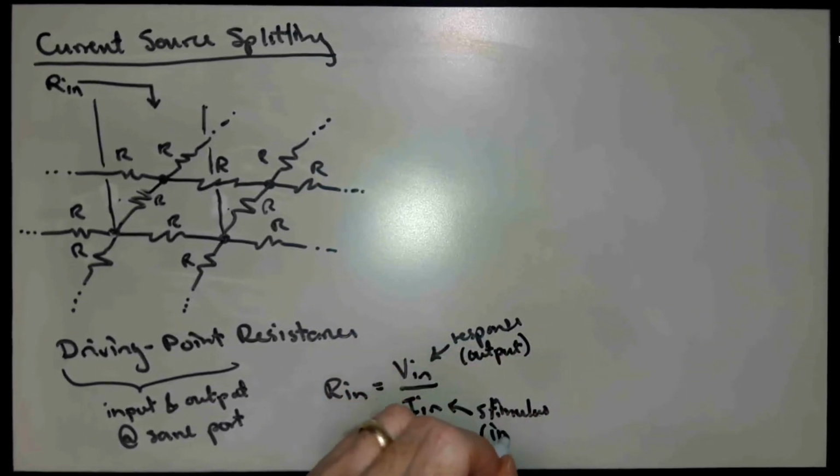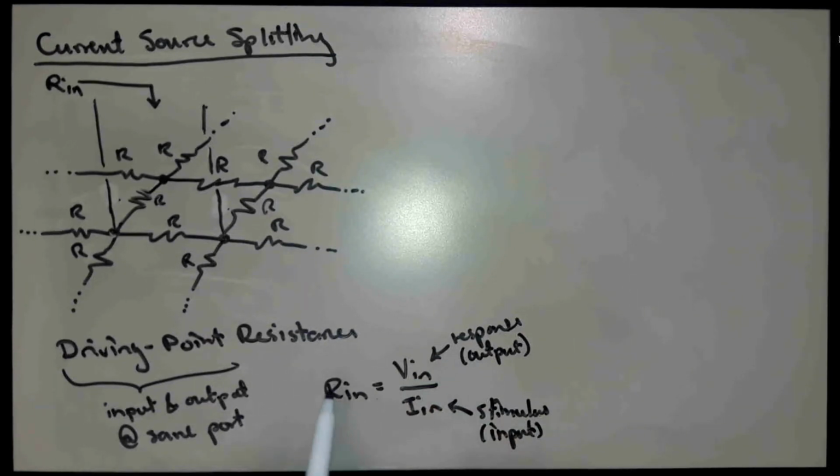You can also have a driving point conductance, which would be a Gin, where you flip this upside down, and technically speaking, the voltage becomes the input, and the current becomes the output, the stimulus and the response. And in practice, these two things are basically just reciprocals of each other, and so you can actually excite the circuit in any way that's convenient for you.